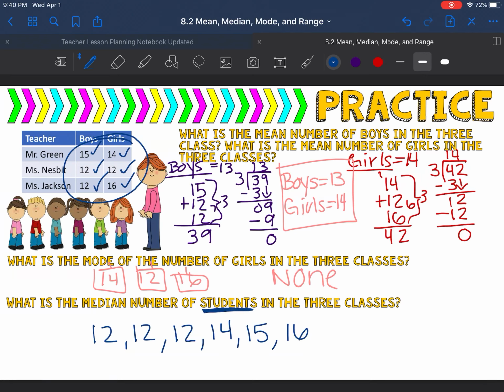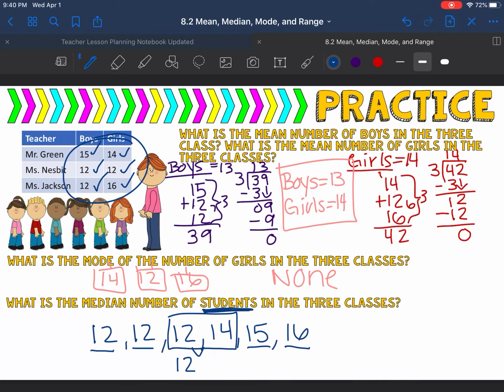All right, so now in order to find my median, I need to find what number's in the middle. So this time, instead of counting and dividing, I'm going to go one side 1, one side 1, one side 1, one side 1. So that leaves me with 12 and 14. So I'm going to write those numbers out, okay?